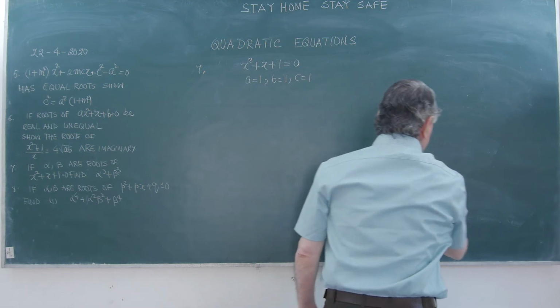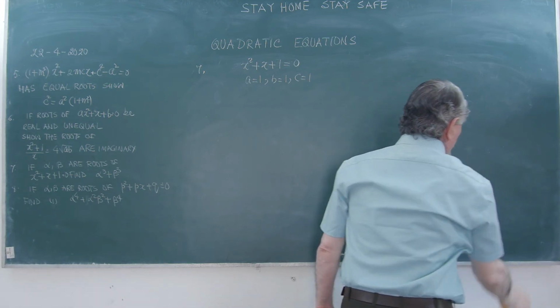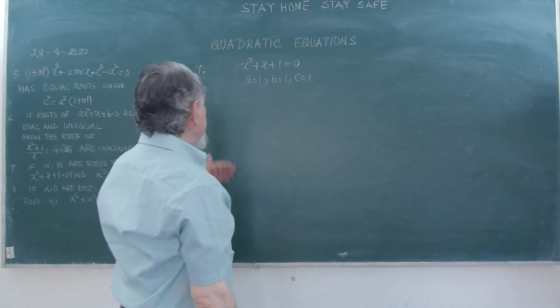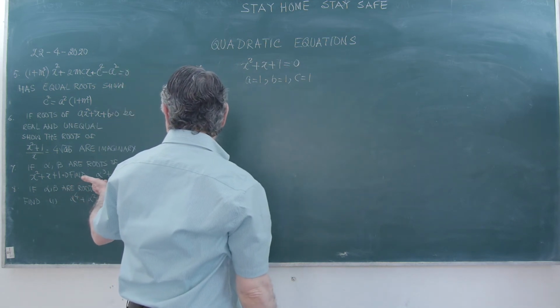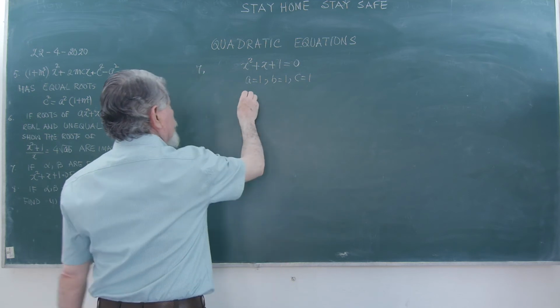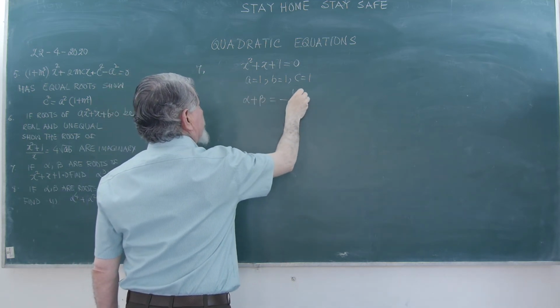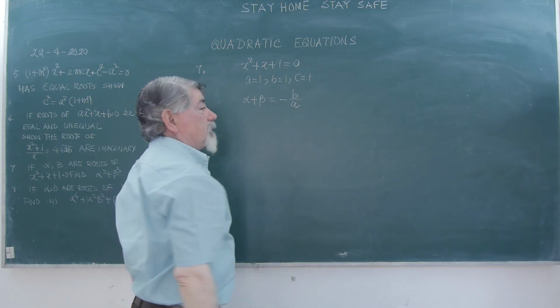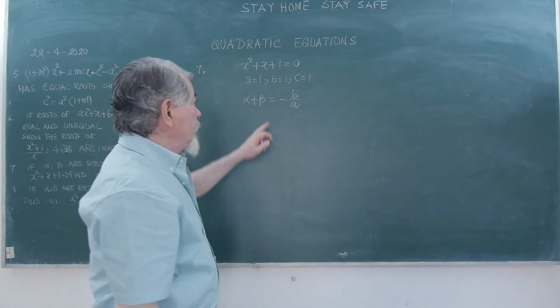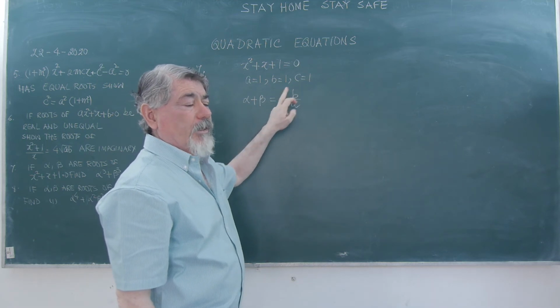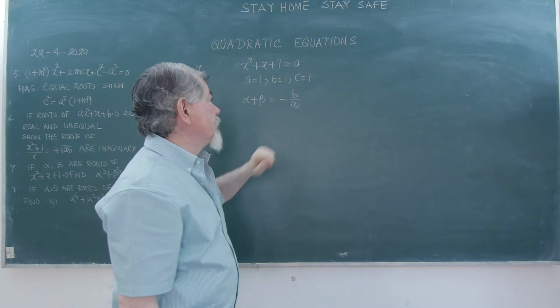We have discussed just in this lecture only roots of the equation, alpha and beta. So he says you have to calculate alpha cube plus beta cube. So alpha plus beta will be minus b upon a. We had calculated the sum of the roots of the equation is minus b upon a, that is minus coefficient of x upon coefficient of x squared.